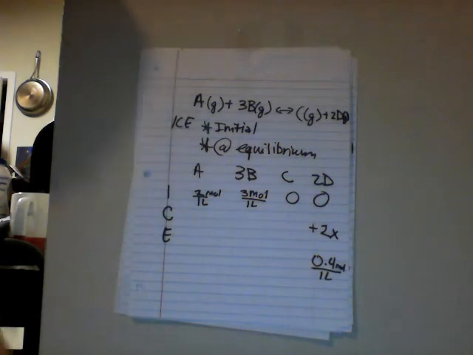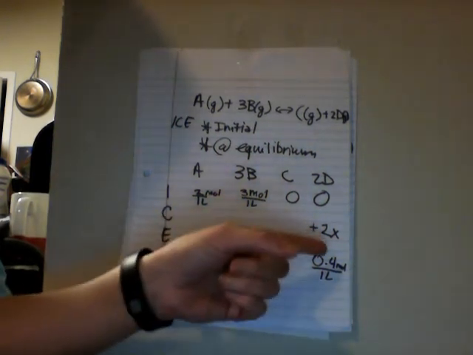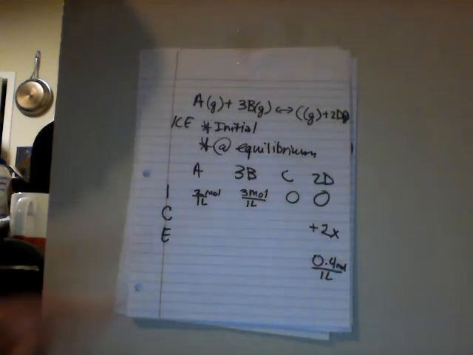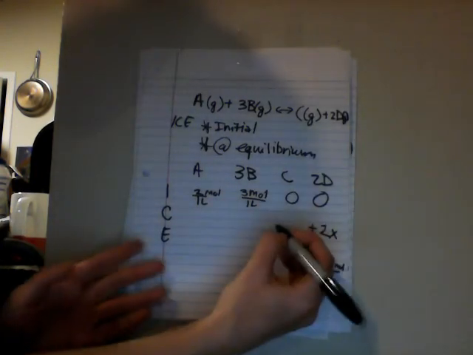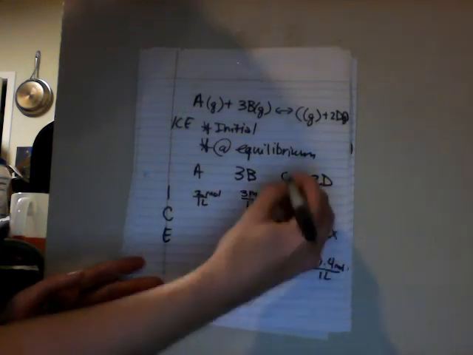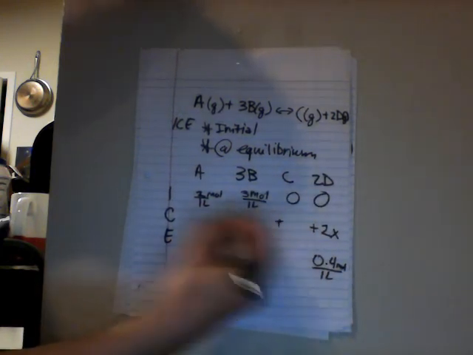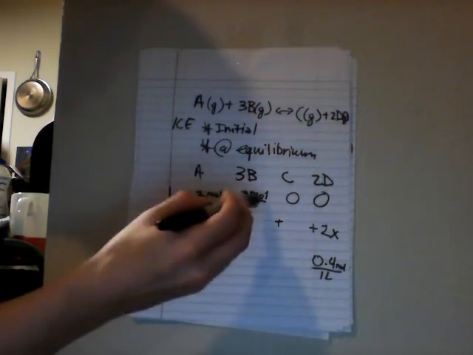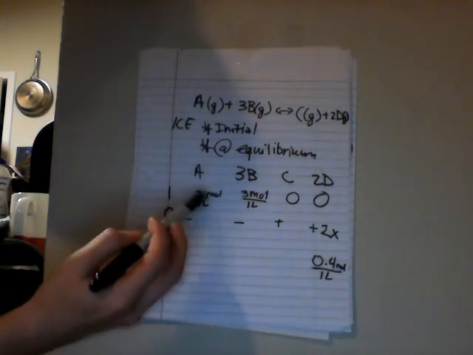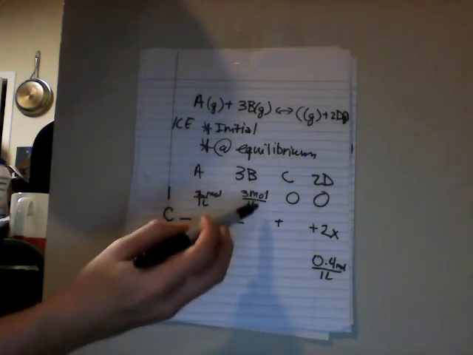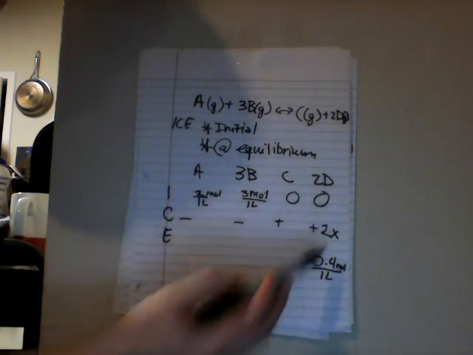So the change here is 2x. If we don't know what the change is, we always say it's x, right? But another thing I need to point out, everything on the product side will always be positive. Everything on the reactant side will always be negative, right? Because we are depleting the reactants and we're forming the products, right?